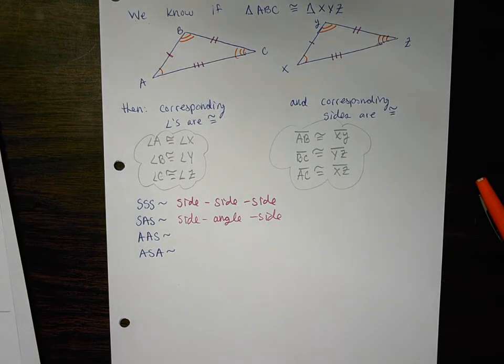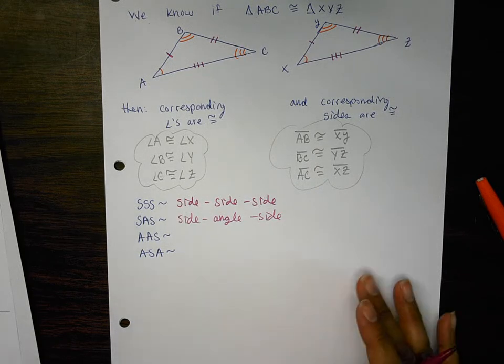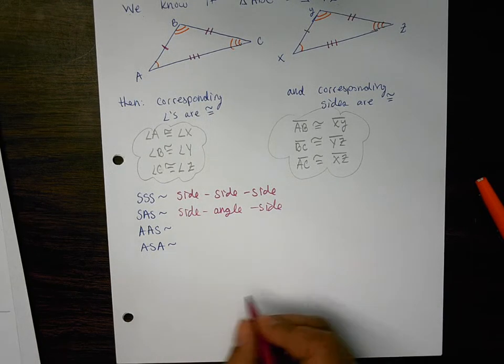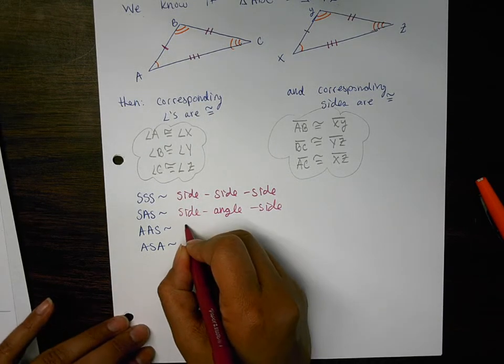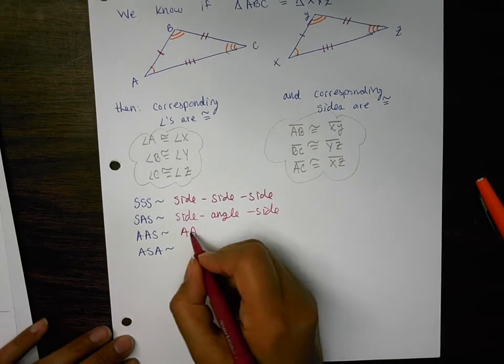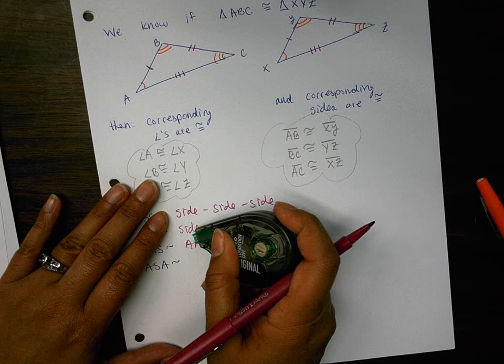All right, check with your neighbors, see if you guys have the same thing written down. Check, talk, share, compare. Okay. AAS, Caitlin, what is it? Oh, angle, angle, side, yes.